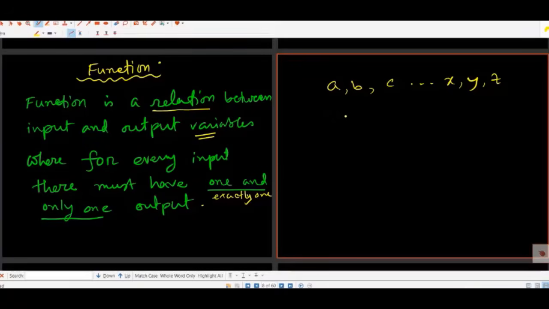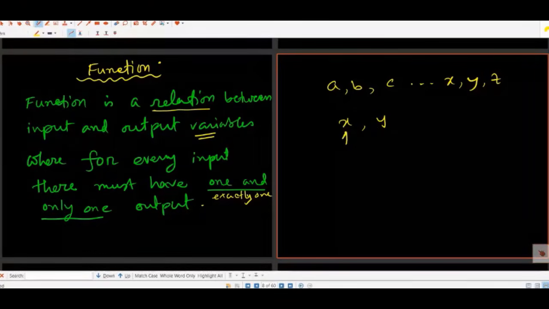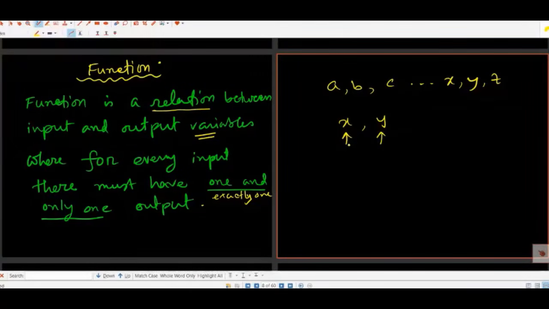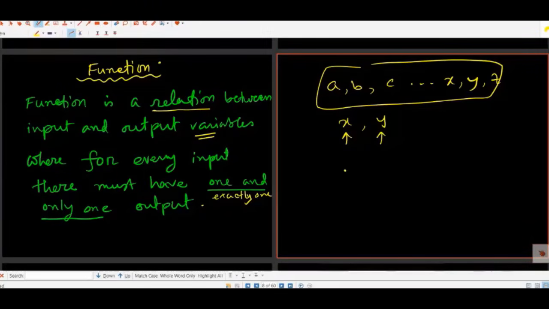So let's say we have X, Y, and Z as the variables. For now, we are using X and Y as the variables. So for simplicity, we often use X and Y as the variables out of the 26 letters. Let's say we have Y equal to X plus 1.